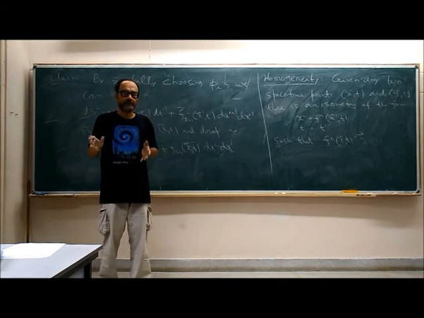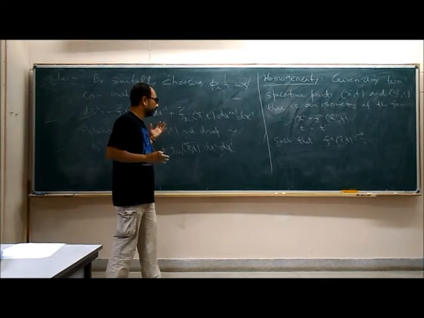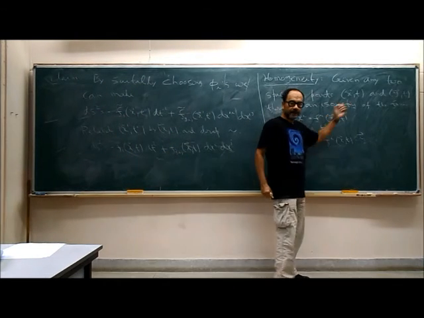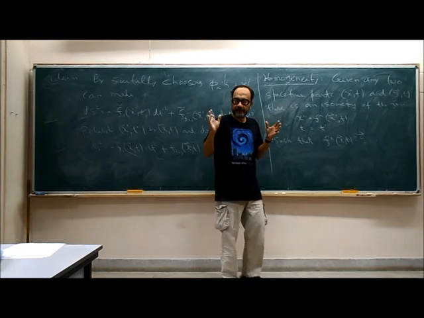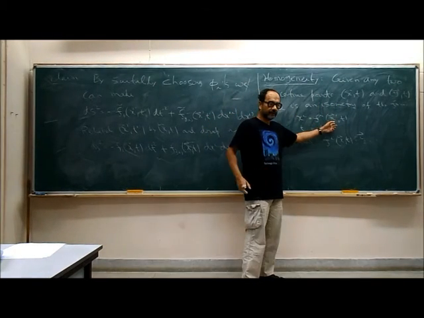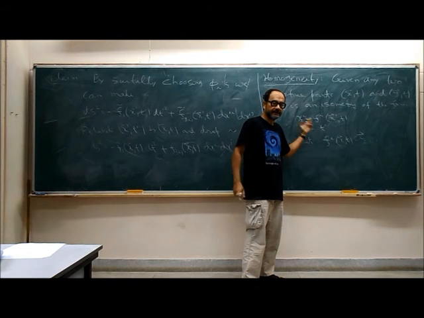Okay. So what we want to say is that given two arbitrary space-time points of this kind, we can find an isometry of this kind, where time doesn't change.